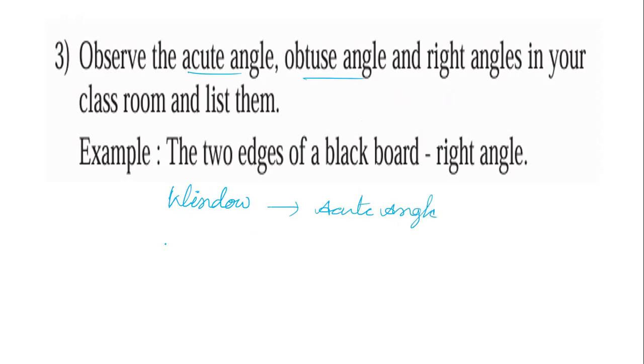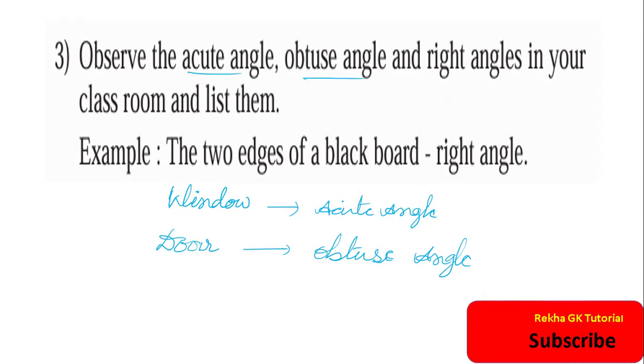In doors, we can see obtuse angles. Door side. You can give any other examples also. In our class, we saw these examples.